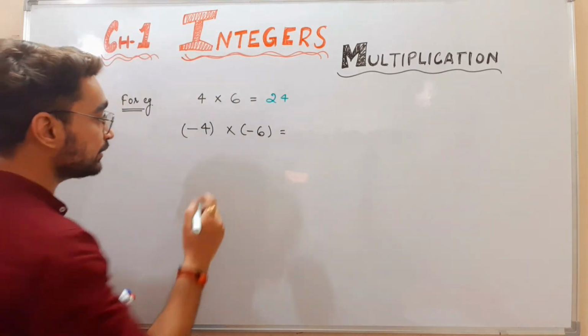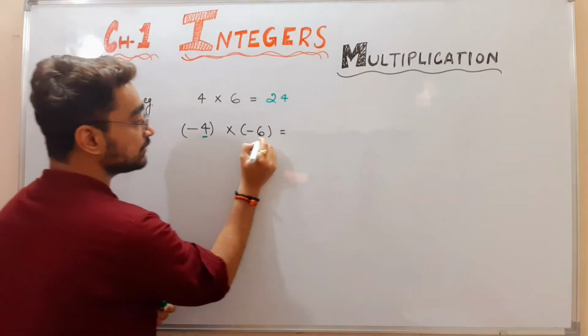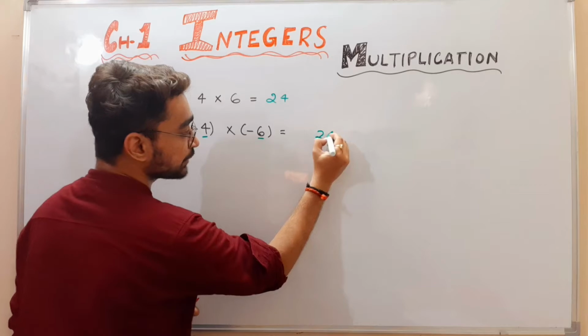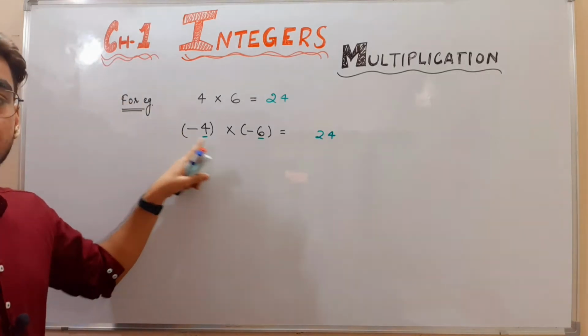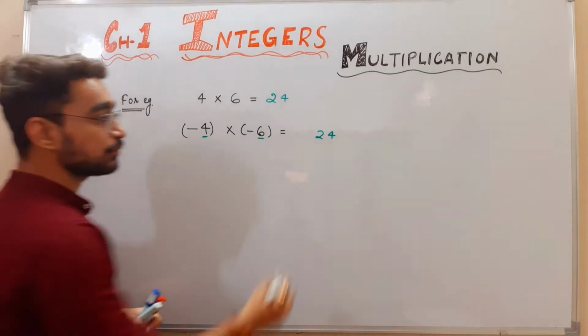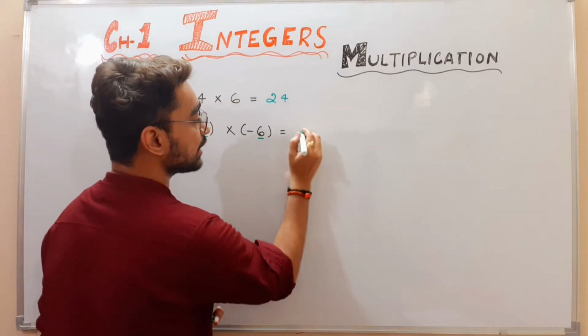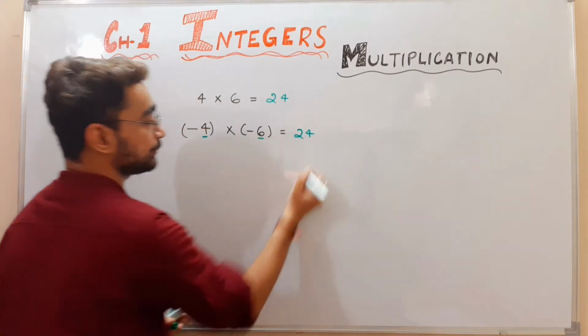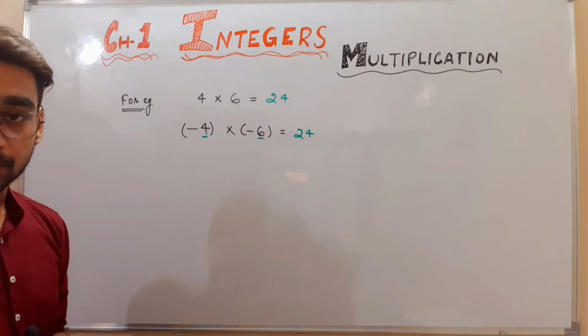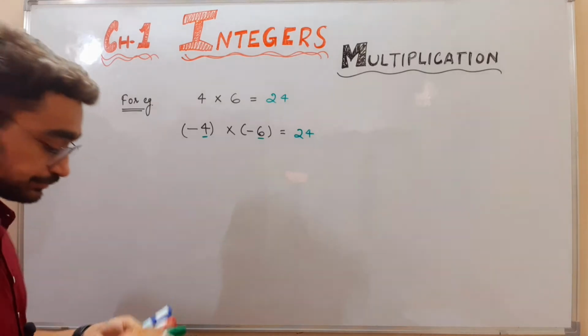Similarly, first let us multiply 4 into 6, that is 24. Then see, if both are negative, minus minus always becomes positive. So this 24 will be a positive 24. No need to put any symbol because they both are minus.